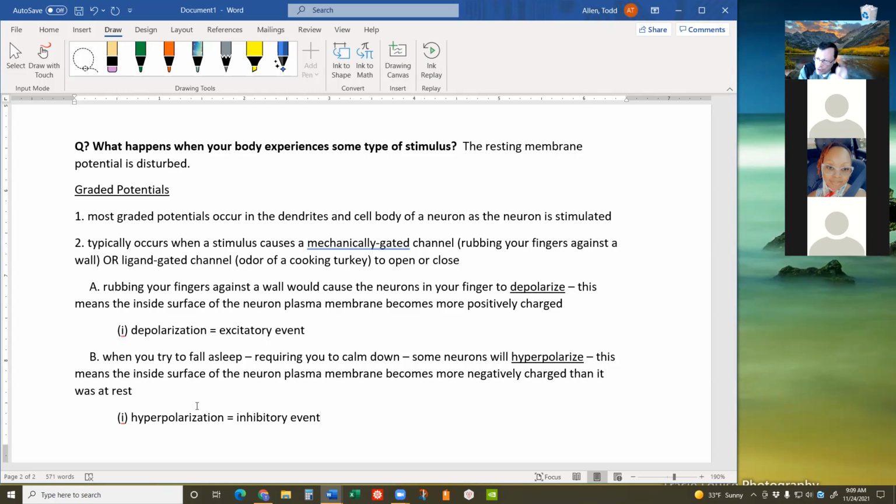And so there's going to be neurons in the brain that are actually releasing neurotransmitters to communicate with other neurons that normally are active to keep you awake. And so these neurotransmitters are trying to inhibit the activity of the waking neurons so that you actually fall asleep so your digestive system can do its job. Okay, that's what the graded potentials would do.